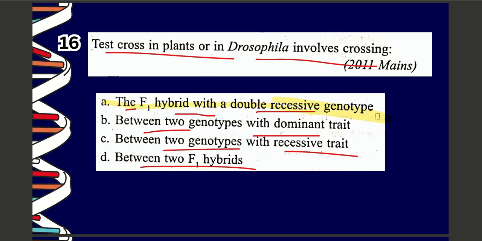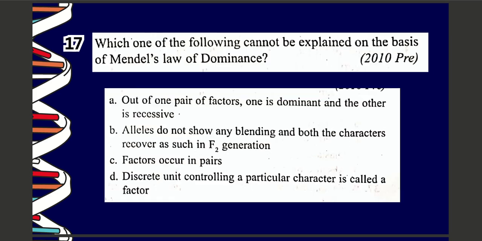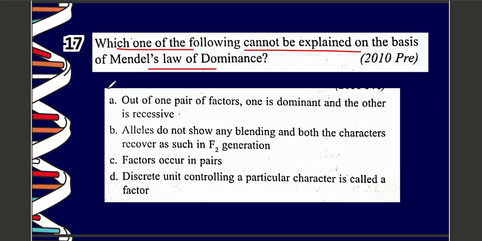Next question. Question number 17. Which one of the following cannot be explained on the basis of Mendel's law of dominance? A. Out of one pair of factors, one is dominant and the other is recessive.